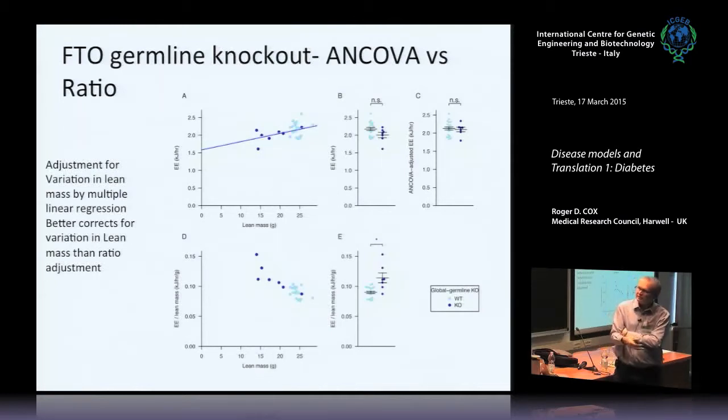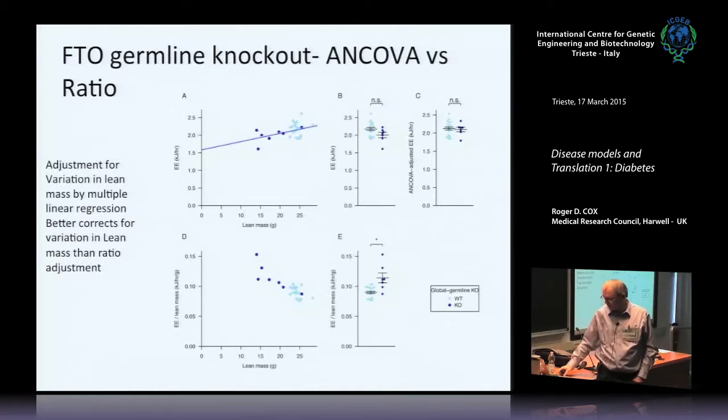But all you've done is divide by lean mass. What you really need to do is adjust for variation in lean mass using linear regression. So you make a correction for the differences in lean mass. If you just divide by a lower number, you're going to get a bigger number, which is what happens when you just divide by lean mass here. So it looks like the lower mass mice have a higher energy expenditure because you've just divided by their mass.